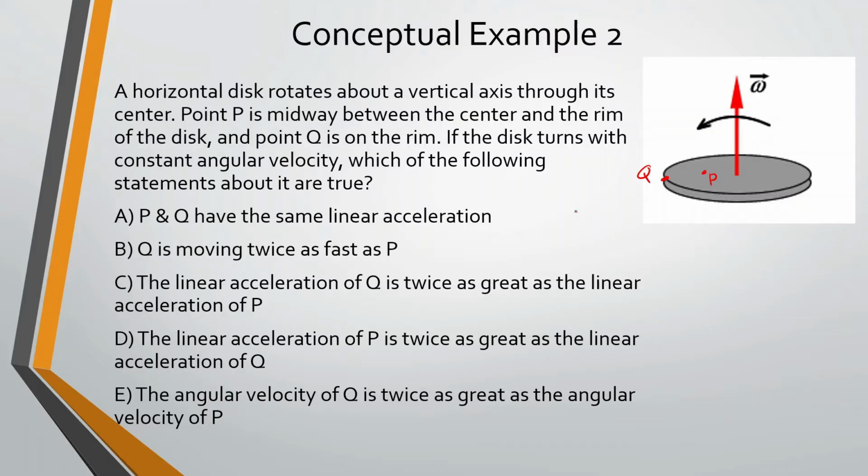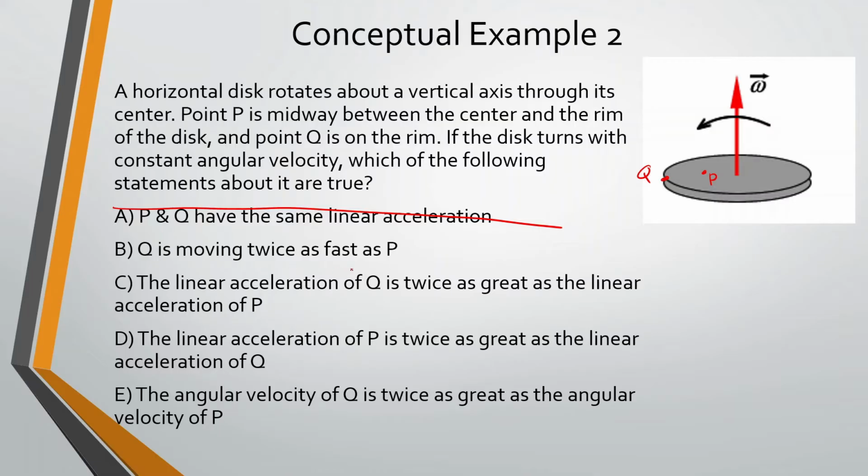A, P and Q have the same linear acceleration. No, because remember, it's going to be accelerating more linearly at the end because it's traveling a further distance. B, Q is moving twice as fast as P. Okay, maybe.